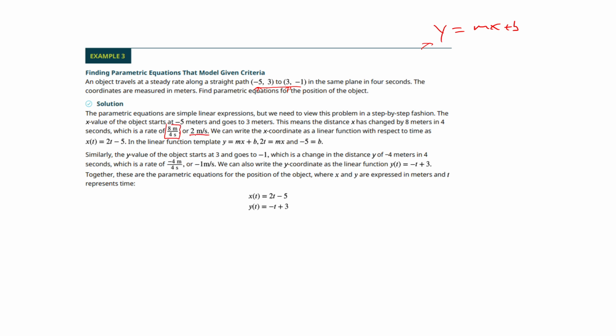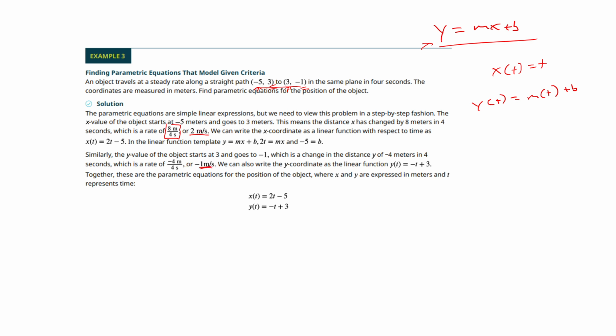Again, there's multiple ways you could do this, and I would recommend you just find the line and do what we did before, where we're going to say, okay, x is a function of time, and then y sub t would just replace it, it would be mt plus b. That would be true. It could work. But what they're doing is finding the rate of change with respect to time between the two x's. They get 2. They're finding the rate of change with respect to time with the two y's, 3 and -1.